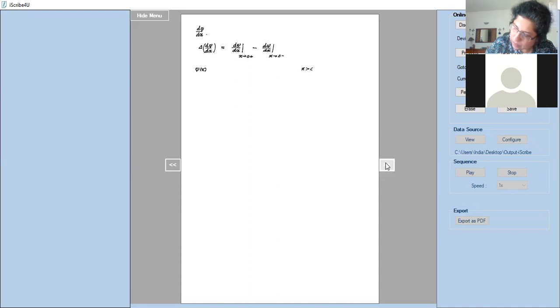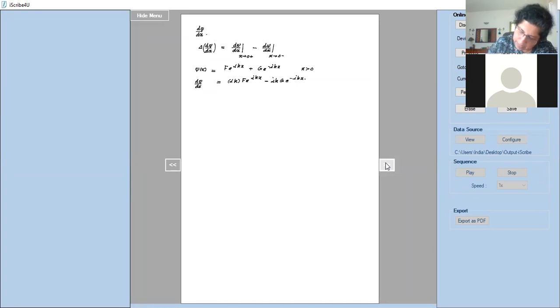For x greater than 0, it is nothing but F e to the power of ikx plus G e to the power of minus ikx. So obviously dψ/dx is going to be ik F e to the power of ikx minus ik G e to the power of minus ikx.